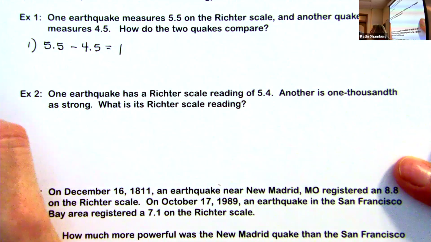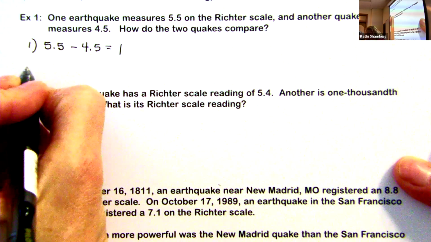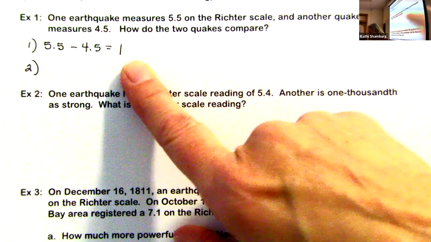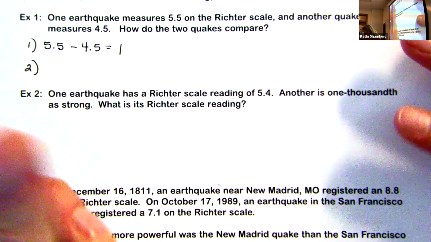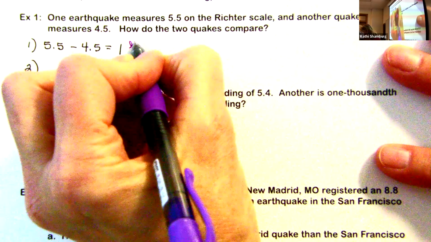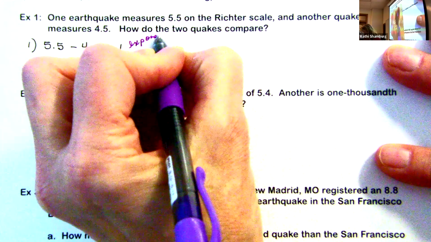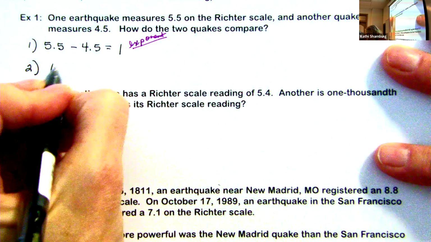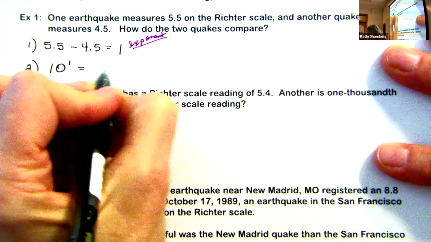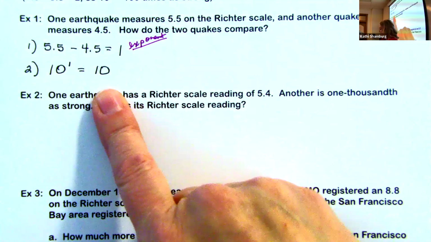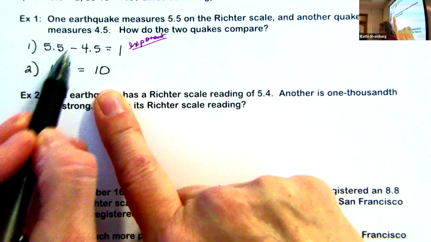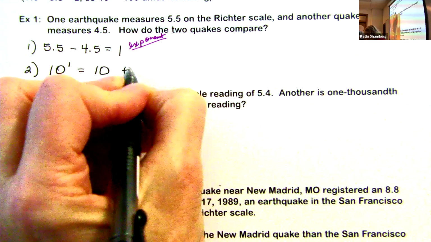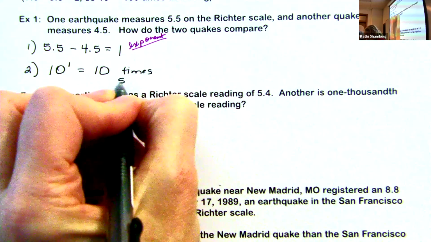So then what we know is, to find how much stronger, this is not 1 times stronger, but this is actually your exponent when you are talking about base 10. So this tells me that this earthquake is 10 times stronger.